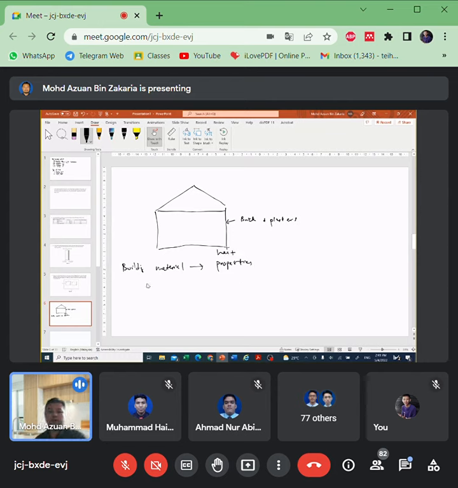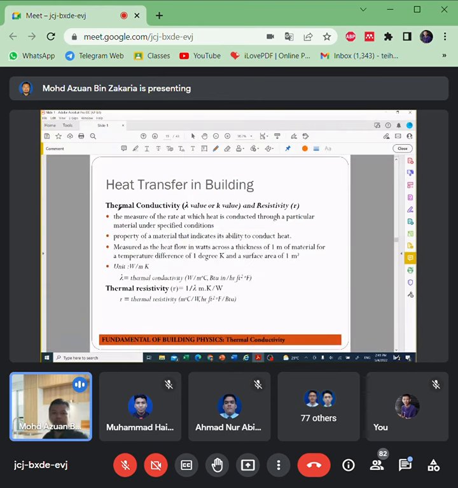So number one is K value or thermal conductivity. Sorry, K value, or sometimes people use lambda value. So the number one important thing to know is thermal conductivity value and resistivity.